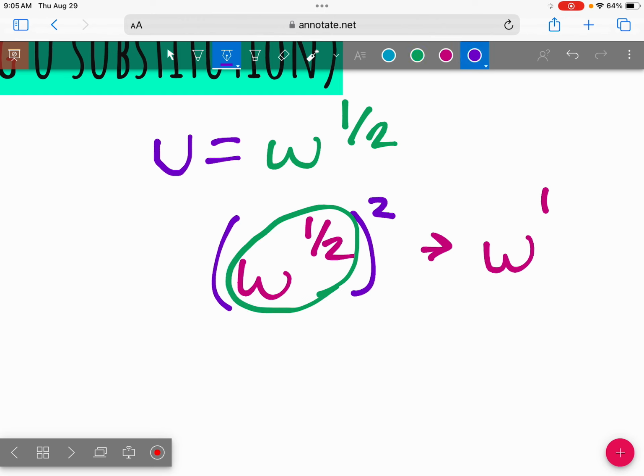This piece I replaced with a U. Substitute it in. See now? If I replace this piece with a U, it's still U squared. It means the same thing. U squared is W to the 1st.